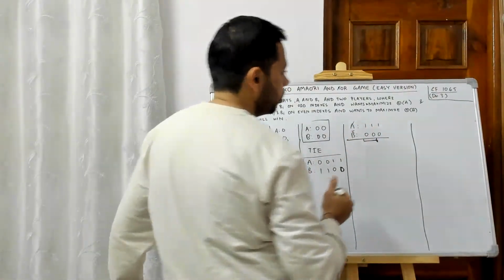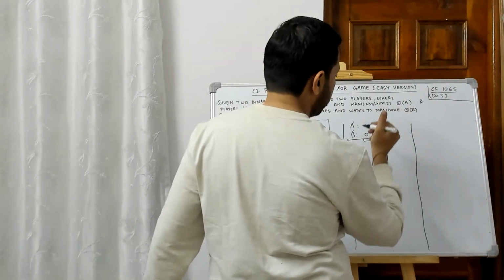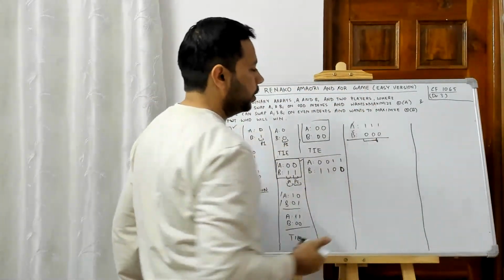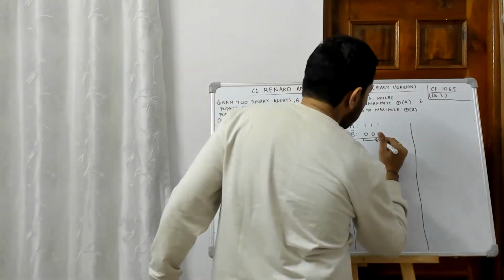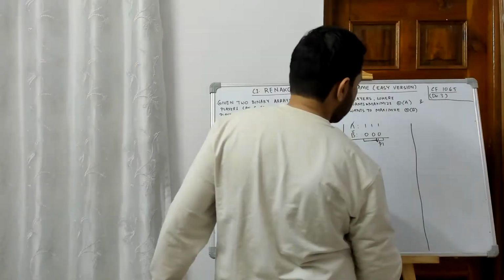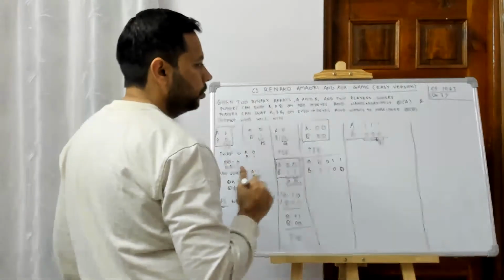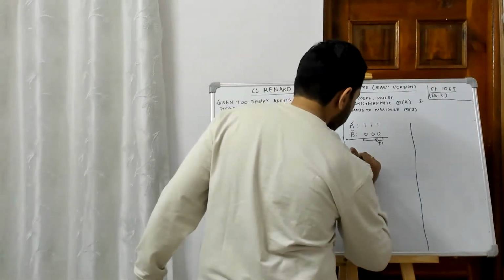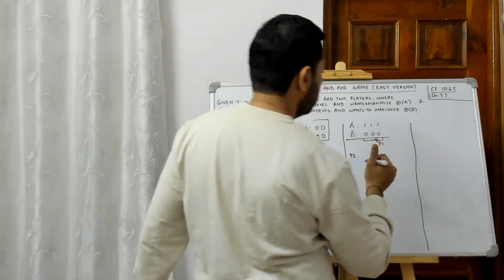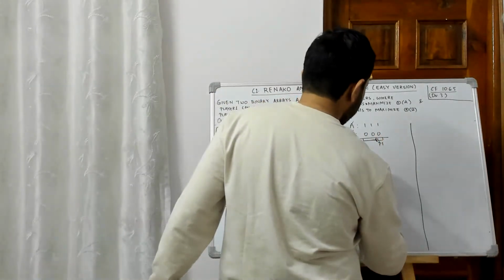So if XOR of A is 1, XOR of B will be 1. If XOR of A is 0, XOR of B is 0. So the player that commands this node, P1 in this case, is going to win. So this is the winner, P1. So there are four cases.